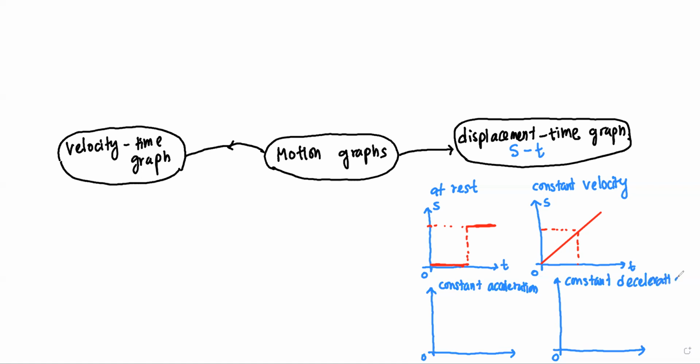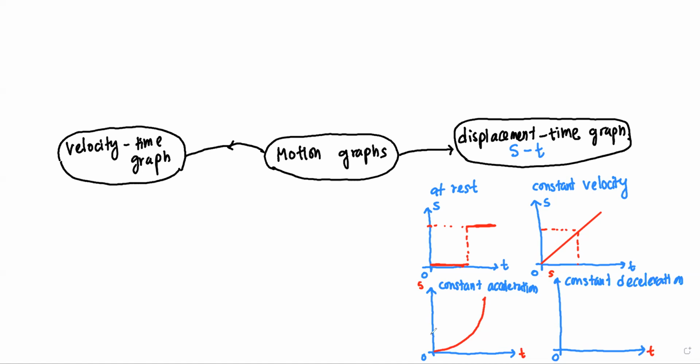In a constant acceleration, these are again ST graphs. Constant acceleration, what we do is we increase the displacement more rapidly. If you accelerate, acceleration means we increase the displacement at a greater rate, or more rapidly we increase.